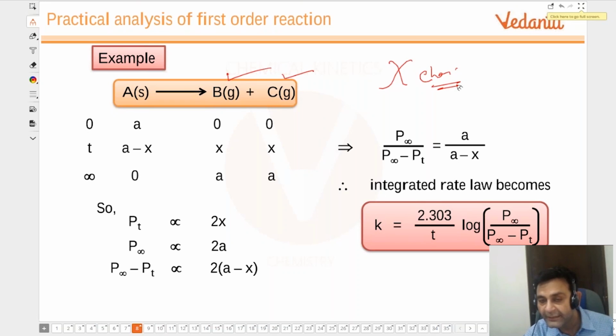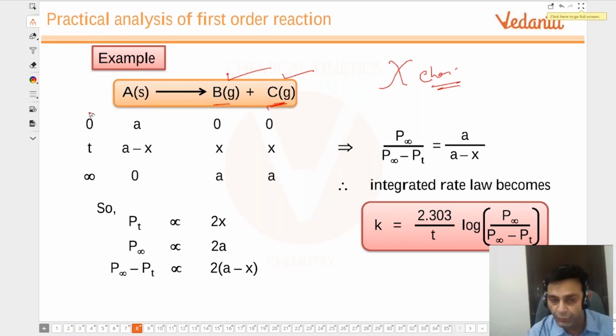I'm not using X as a mole fraction because for the mole fraction I should use the symbol chi. So here X is the amount of the product formed. That's it. So in the previous case it was only one reactant, one product as a gas, and here I have two products as gas. See here.